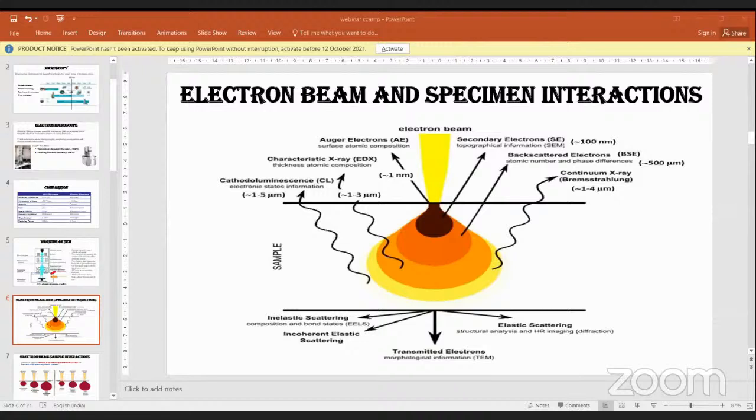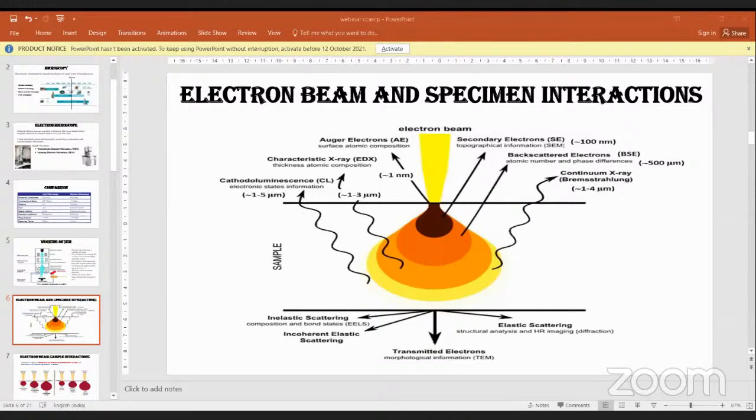Now the electron beam and sample interaction. When the electron beam interacts with the sample, it produces a number of signals. This is our primary electron beam, and this is the sample. From this interaction, secondary electrons give the topographical information, and these electrons come from a depth of approximately 100 nanometers, the upper region of the sample.